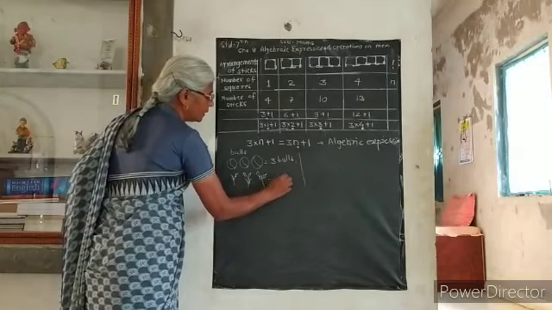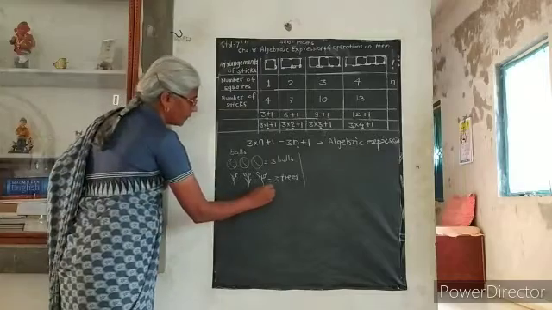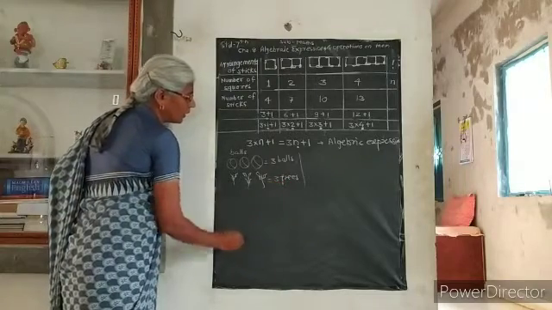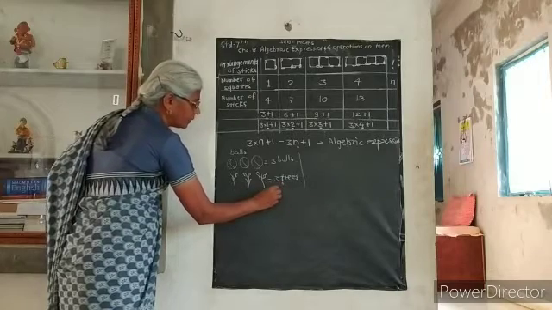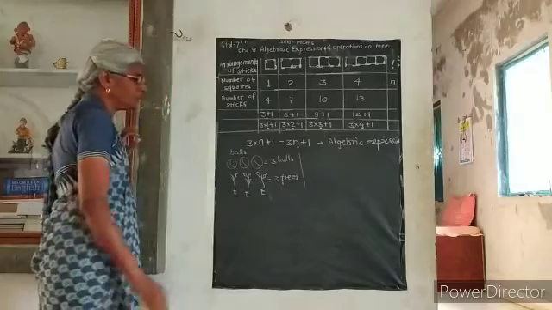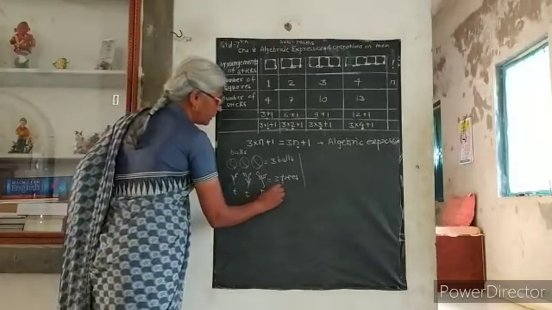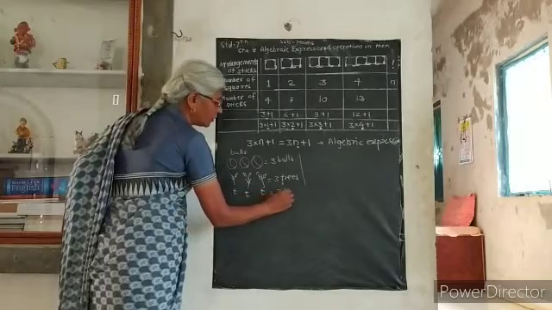Three trees. If we show the trees with the help of T, then we write it T, T, T, where T means tree. 1 tree plus 1 tree plus 1 tree is equal to 3 trees.